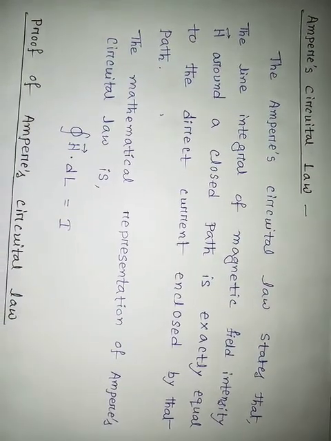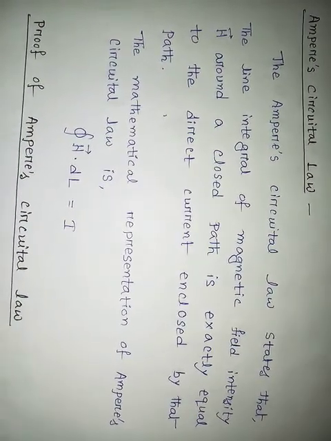Ampere circuit law states that the line integral of magnetic field intensity, that is H, around a closed path is exactly equal to the direct current enclosed by that path. That is, when you supply a current through a conductor, the lines of force are always the same as the electric current of the system.